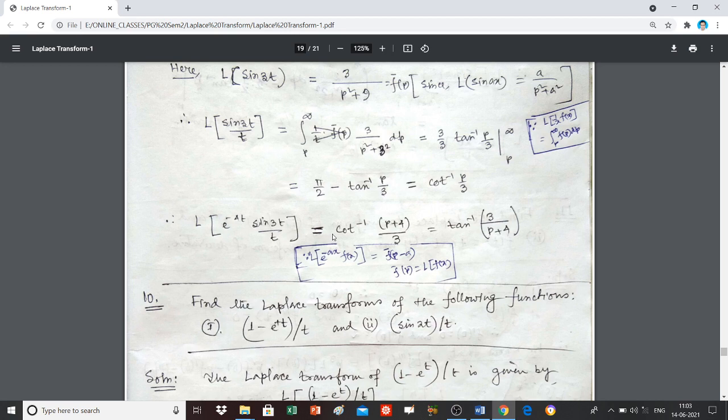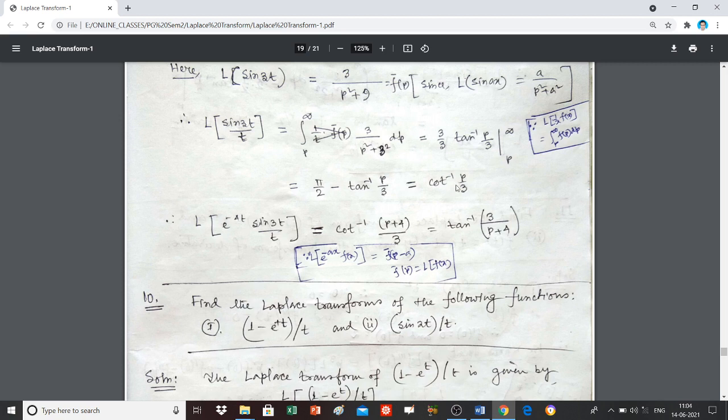In that sense, you can write the Laplace transform of e to the minus 4t sine 3t by t as follows. The Laplace transform of sine 3t by t is cot inverse p by 3. Here you just replace F(p) by F(p minus a). So F(p) was cot inverse p by 3.